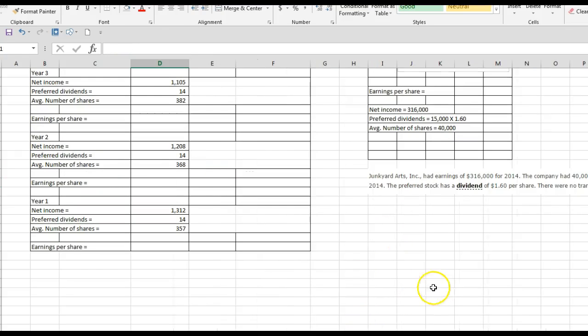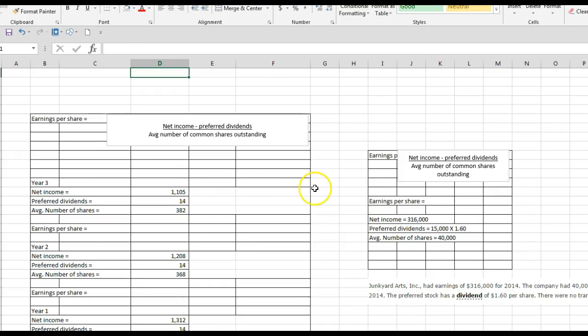Now, earnings per share is very, very easy. Earnings per share is net income minus preferred dividends divided by the average shares. And that looks like this. Equals, I think we have to use parentheses. This minus this divided by this.